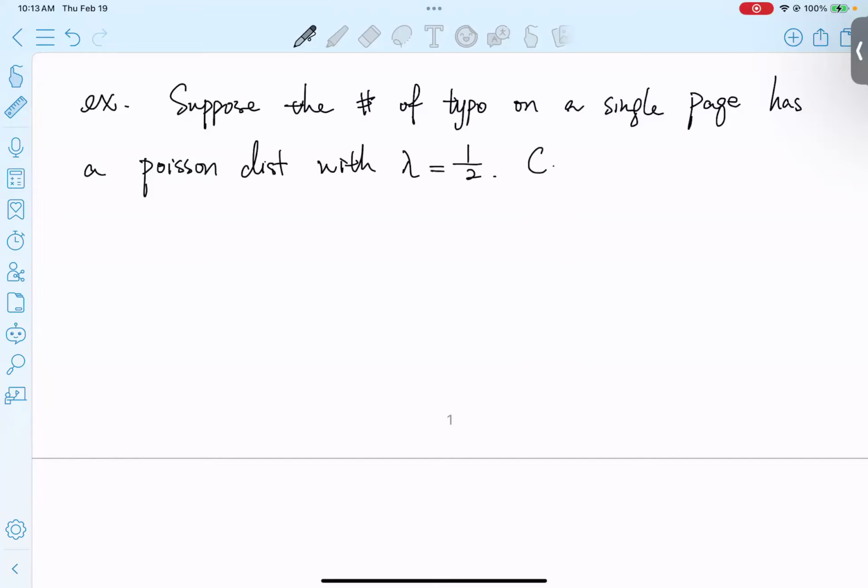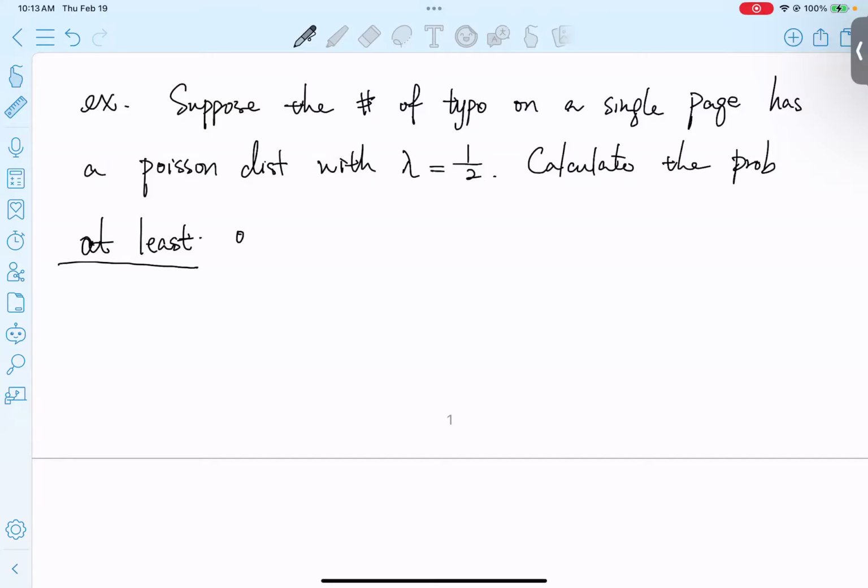So now calculate the probability. This case is asking for at least. Okay, so later I'll comment a little bit on this at least case.